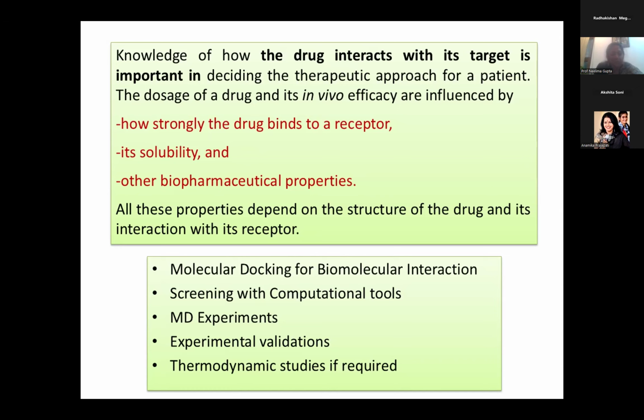Thermodynamic studies and other things, if required, have to be considered. So there are some computational processes and some experimental work in the laboratory which are required in the overall process. But in this weekend course, mainly we will try to learn the computational tools available for analyzing the computational part.